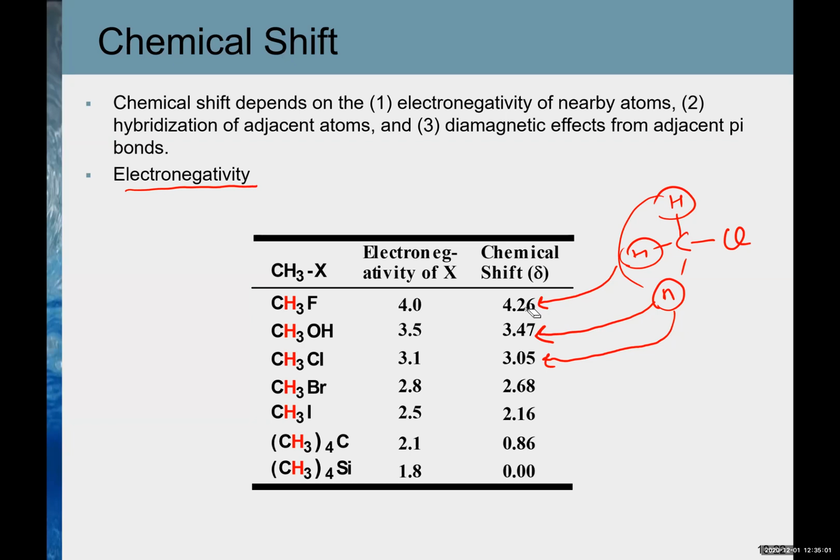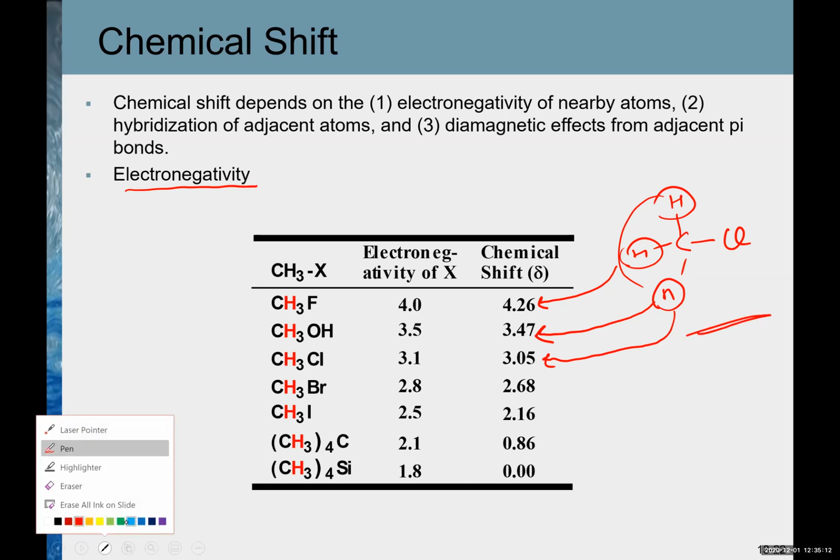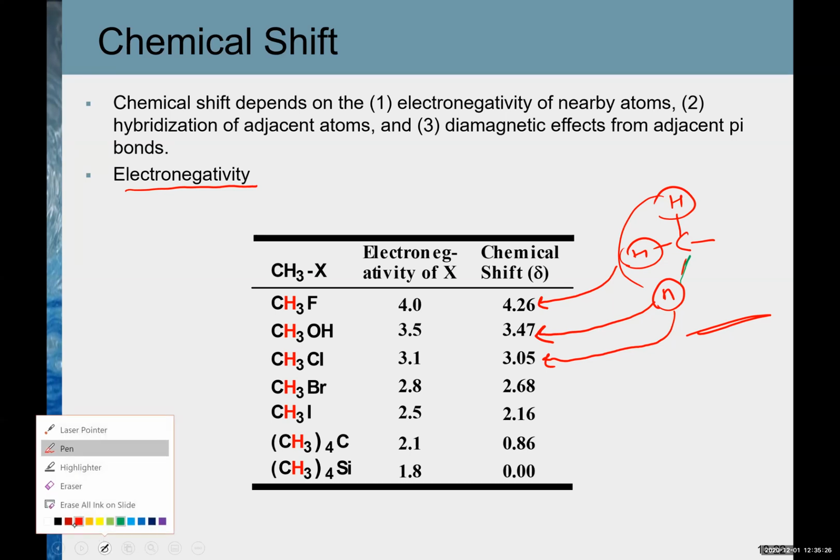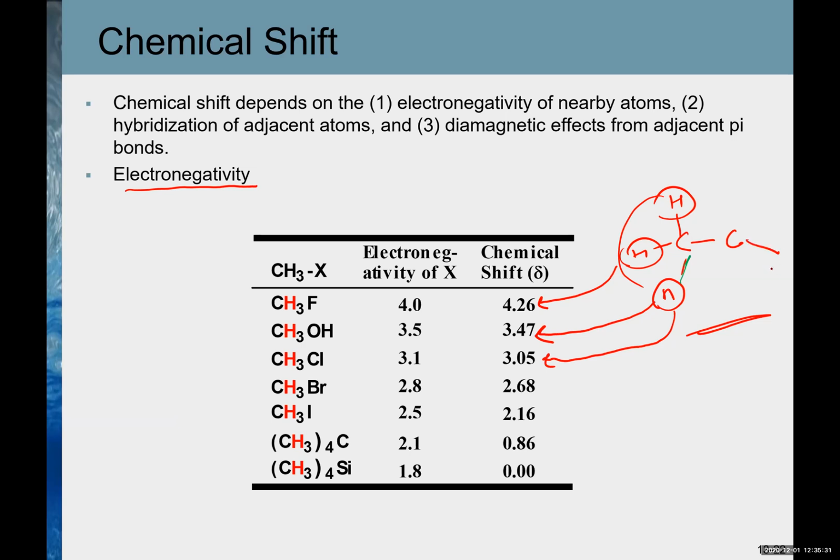Keep one thing in mind: this effect of electronegativity is quite short ranged. In this particular example, the electronegative element is directly connected to the carbon where the hydrogens are also connected, so they're in the same vicinity. But if we add one more carbon in the middle and then connect an electronegative element such as fluorine, it's now two carbons away, and the effect is only about 10%.